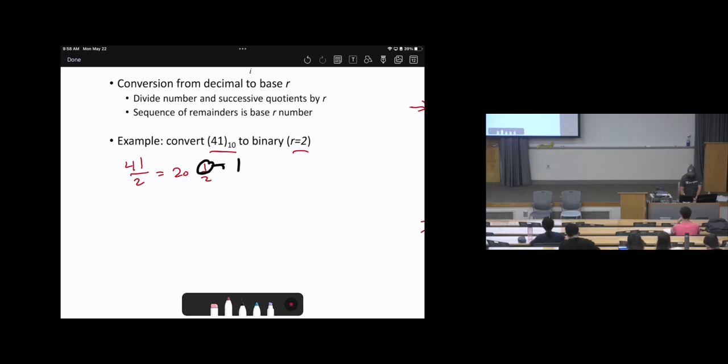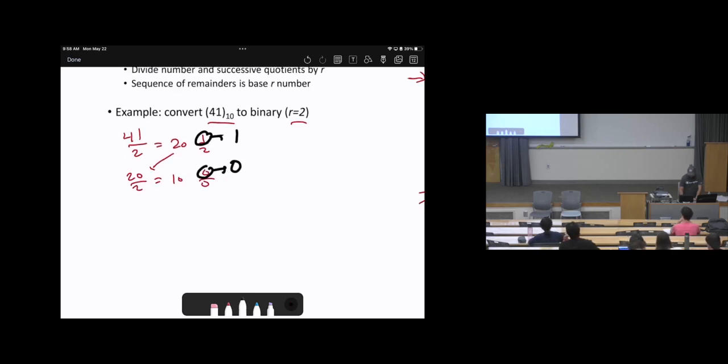Now, take this number. So 20 divided by 2 will be 10. The residue is 0. So take this 0, put it this way. Then take this 10. 10 divided by 2 is 5. The residue is 0. Then 5 divided by 2 will be 2.5, so take this 1.